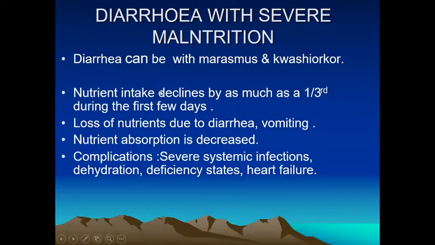Diarrhea with severe malnutrition. Diarrhea can occur with marasmus and kwashiorkor, and nutrient intake declines by as much as one third. Loss of nutrients due to diarrhea and vomiting can result in immune deficiency, dehydration, systemic infections, and heart failure.